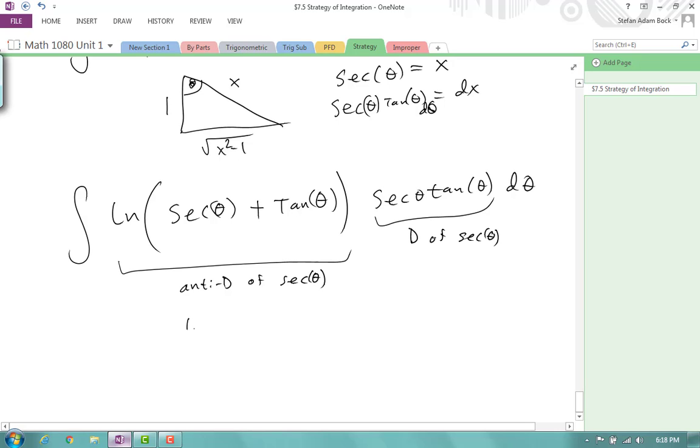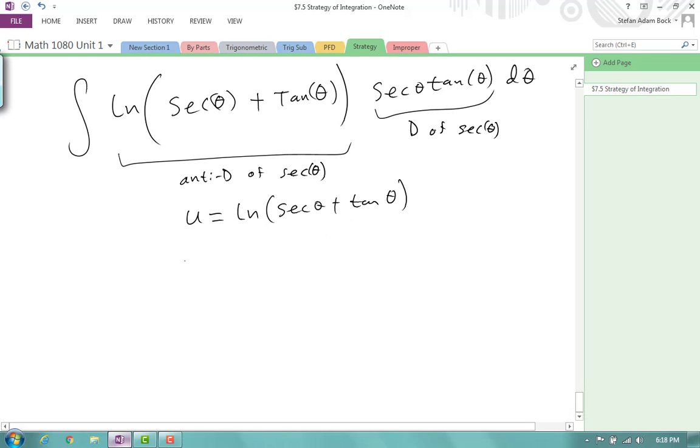So I'm going to say that u equals the natural log of secant plus tangent, so du is equal to secant of theta d theta. My dv is equal to secant theta tangent theta d theta.